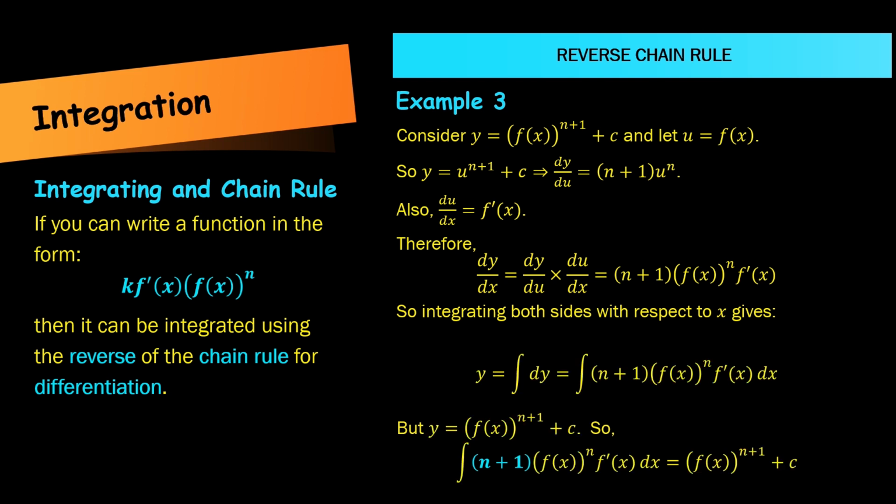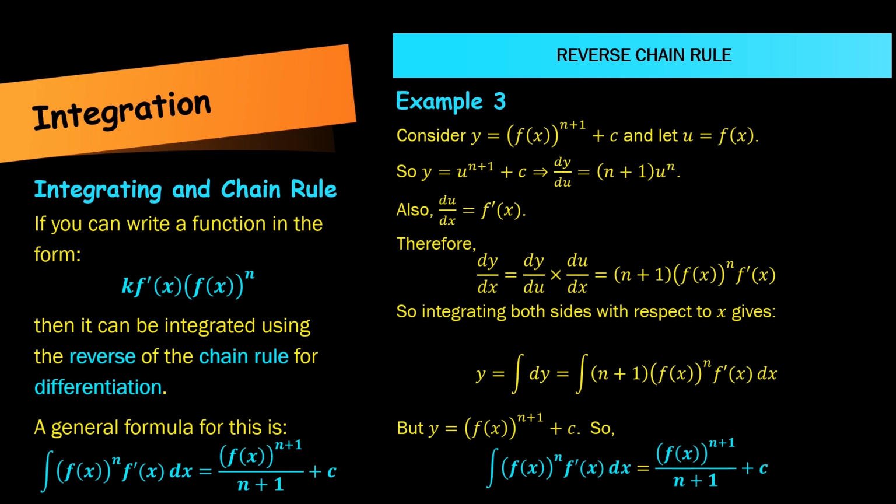We have an n plus 1 inside the integral sign, which we can also take outside, and dividing both sides by n plus 1 gives us this expression. So let's save this general formula on the left-hand side of the screen, as shown here.